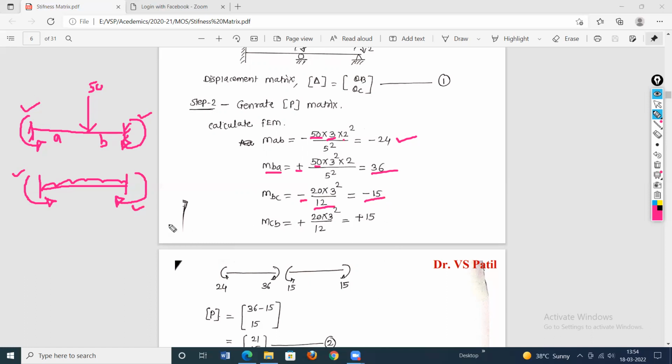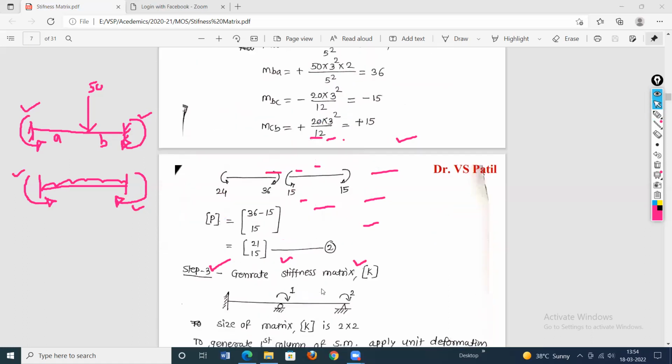And this moment will be equal to plus W L square by 12, so it equals 15. So these are the fixed moments to be calculated. In this figure also, these moments are shown: the fixed moments at support A, the two fixed moments at support B, and this one at support C.